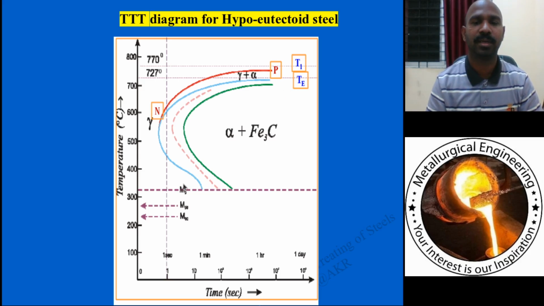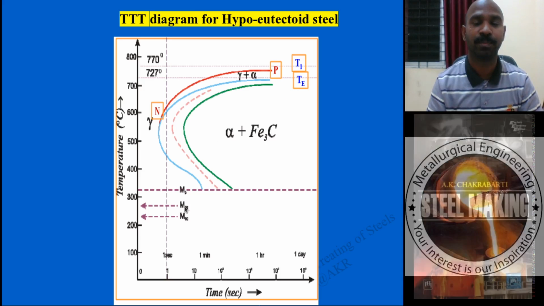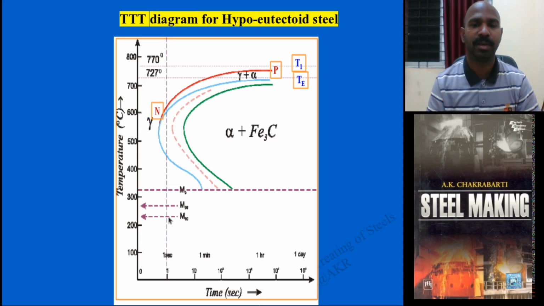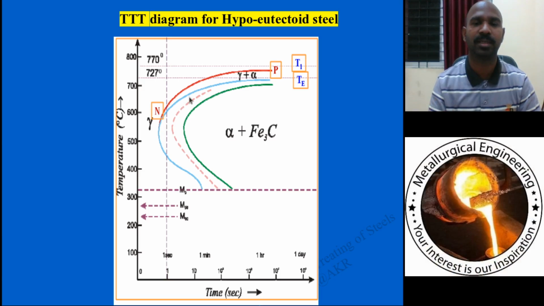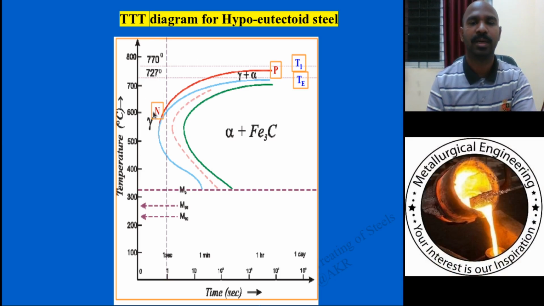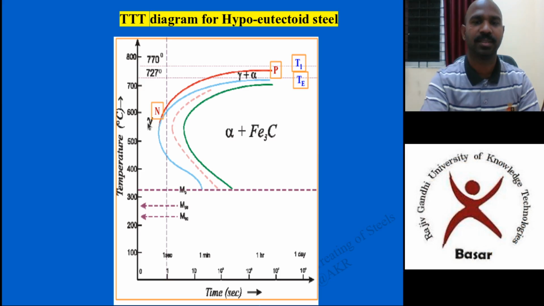Now these are the lines for the martensite starting, 50% martensite, 80% martensite nomenclature. Within this diagram it has been shown. This N stands for the nose of this time temperature transformation diagram. If you maintain this much time and this much temperature, it remains as austenite only.